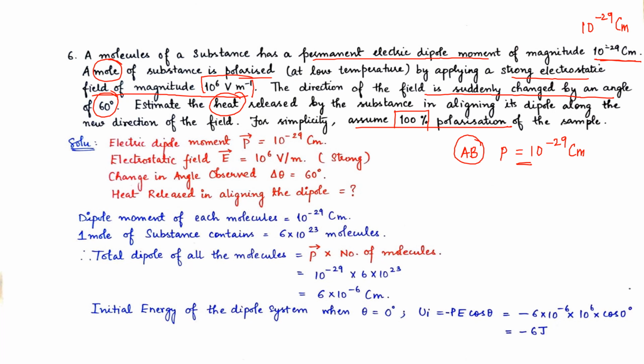And how many molecules do we have? We have 1 mole of this substance, 1 mole of AB, at low temperature. This 1 mole is polarized, and we are assuming that it is 100% polarized.